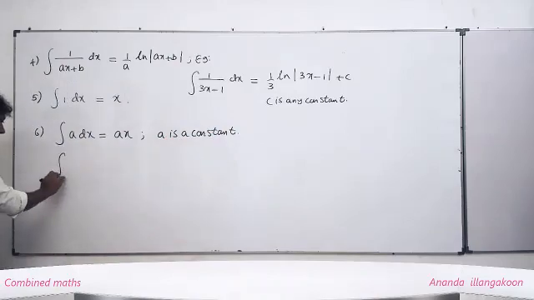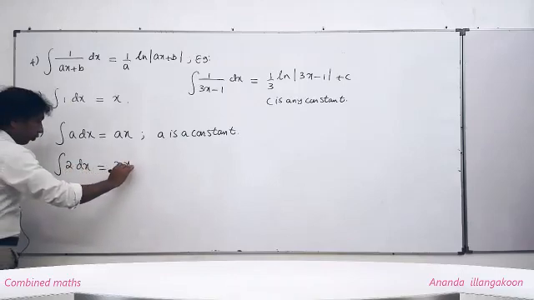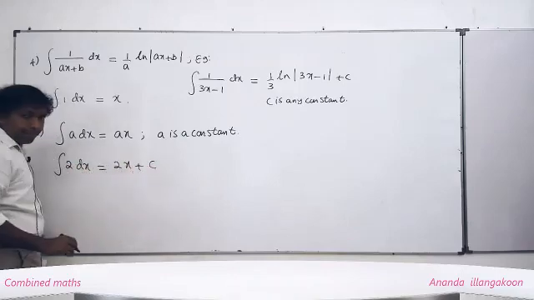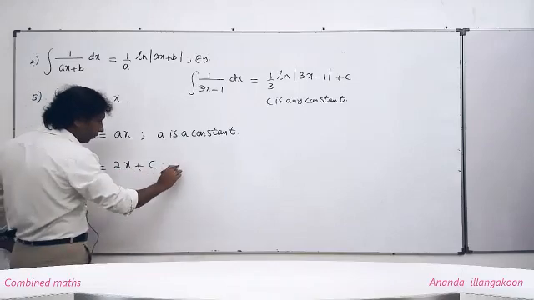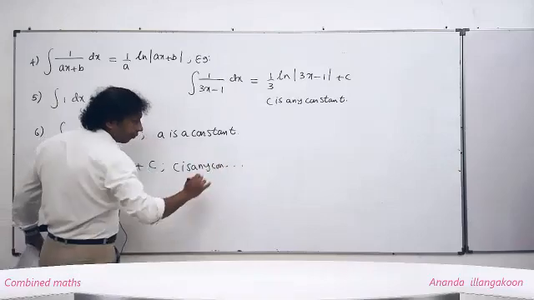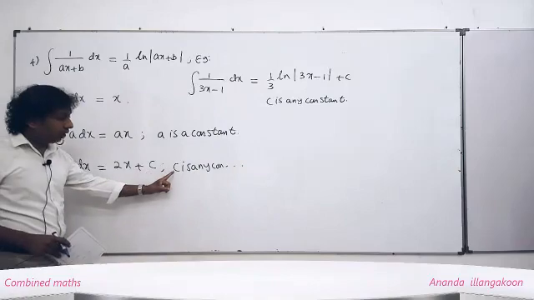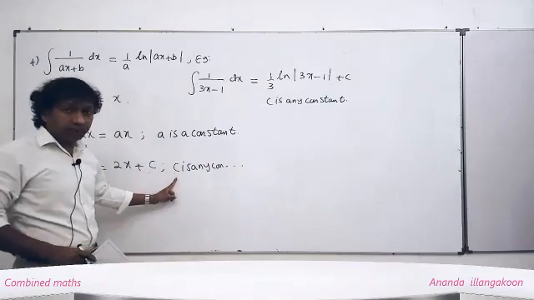That means if we have 2 dx, what is the answer? 2x plus c. C is any constant. After getting the answer this way, writing c here, you must write that c is any constant. For that, you get 5 marks.